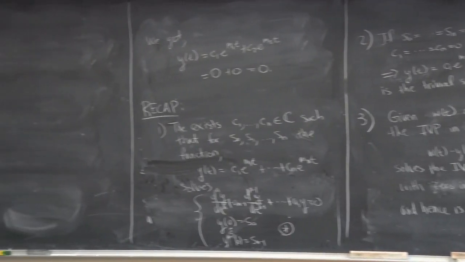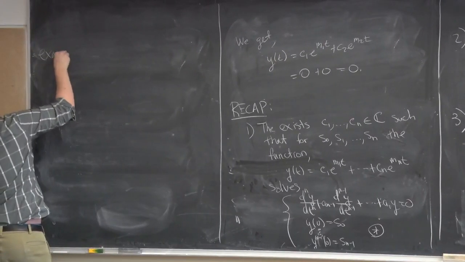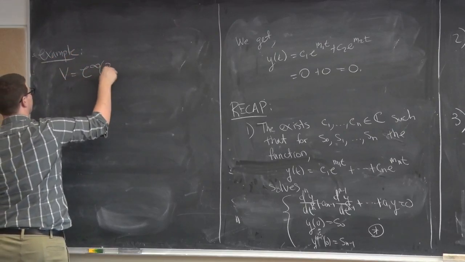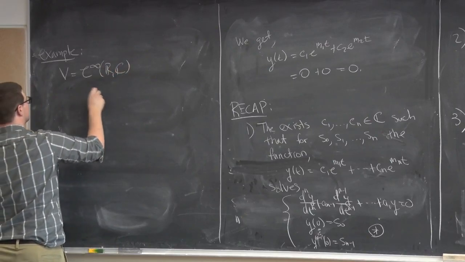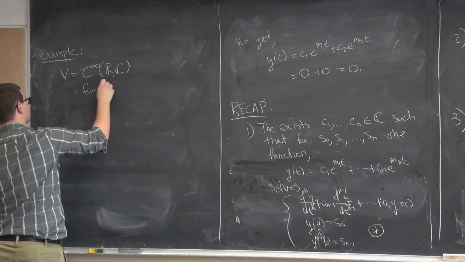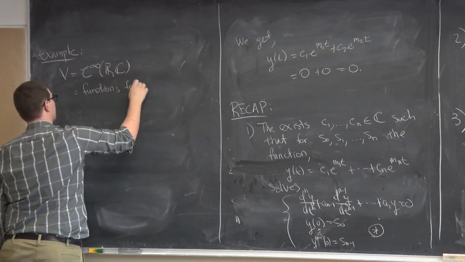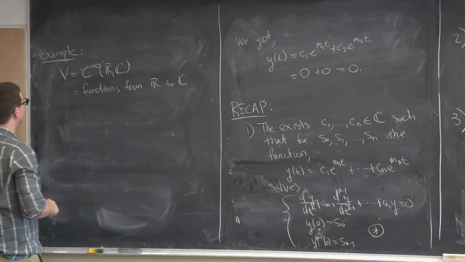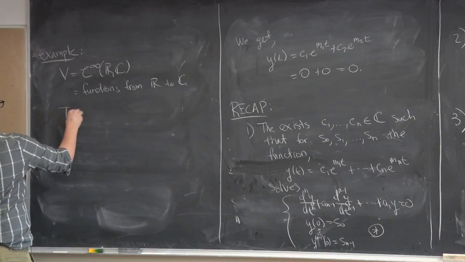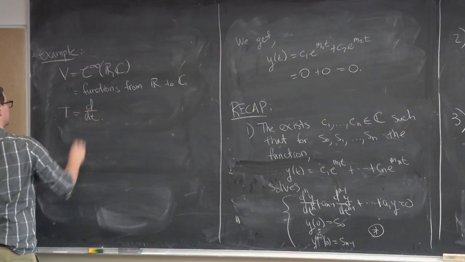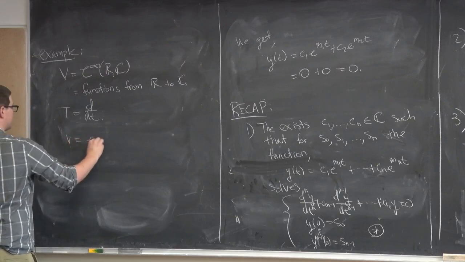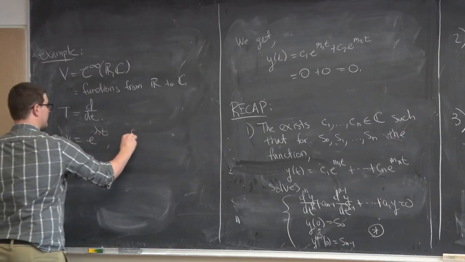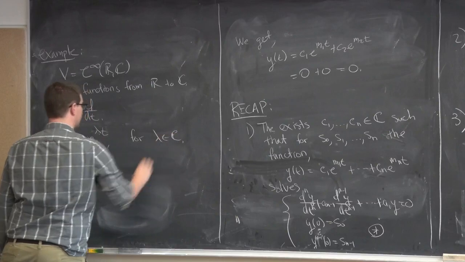All right, so let's do some examples. V is C infinity of, let's say, R to C. So these are functions from R to C. So these are like solutions of your differential equation. So T is d dt, and then V here would be like e to the mt, or let's say e to the lambda t, for lambda a complex number.